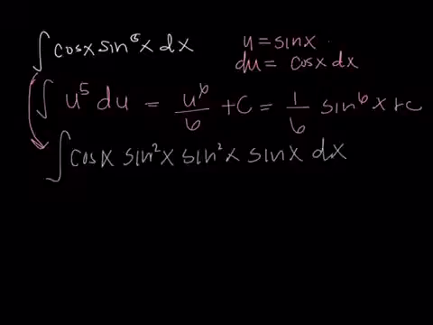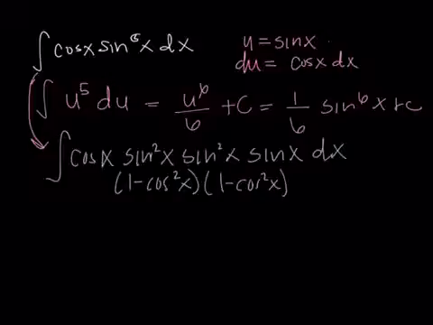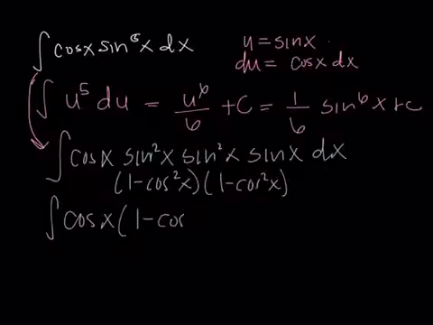And then I would be able to go a step further and say that these sine squared terms are actually 1 minus cosine squared of x. Which means my integral would then be cosine of x times 1 minus cosine squared of x, squared, times sine of x dx.